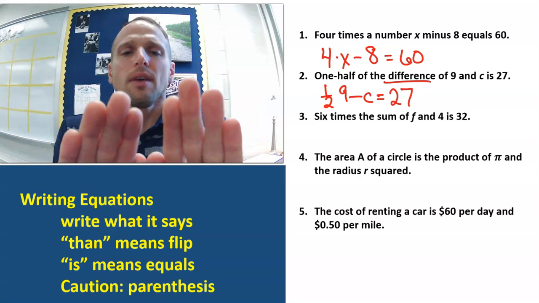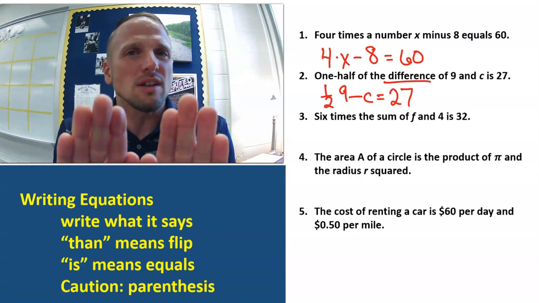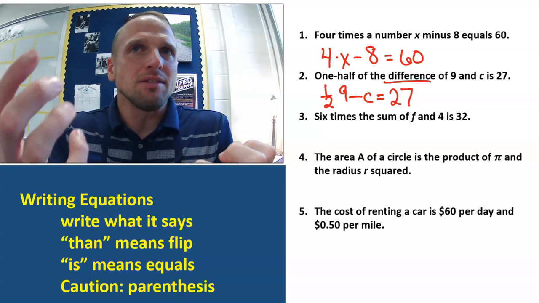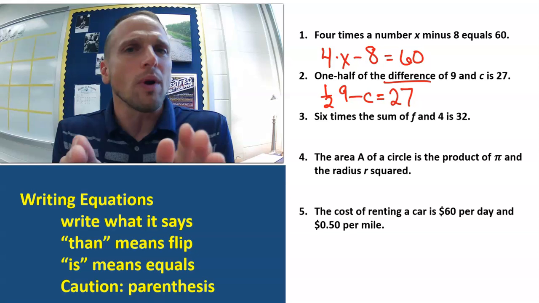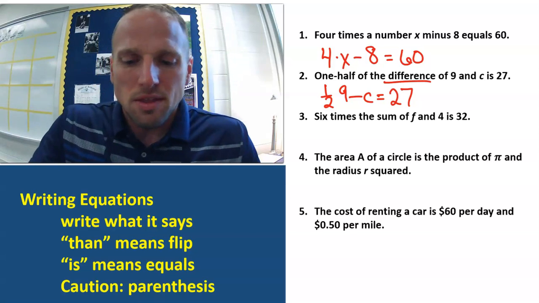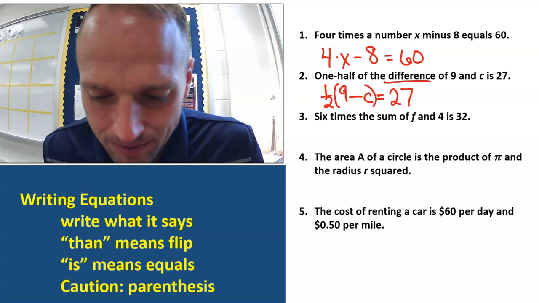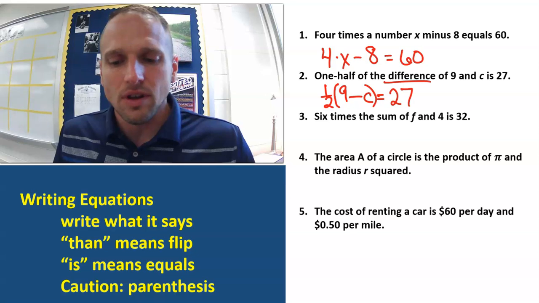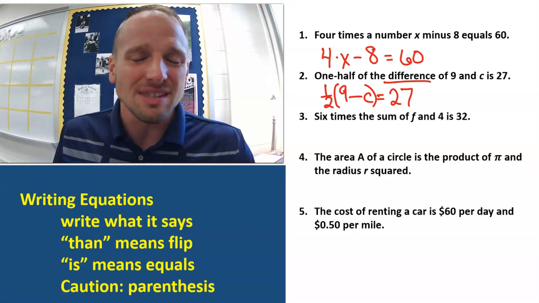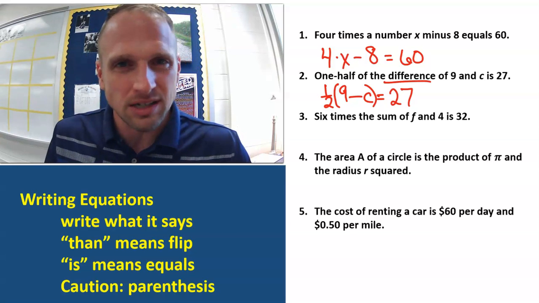So anytime you have two of those words right next to each other that are telling you what to do, like multiply, subtract, add, divide, you need to put parentheses in there, okay? So this is 1/2 times the difference of 9 and c. Like I said, parentheses are tricky. Hopefully we'll get a couple more and kind of see where they can go.